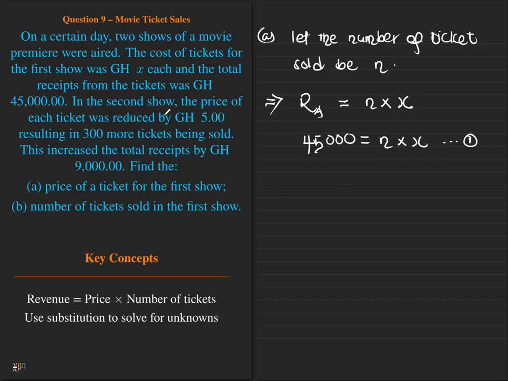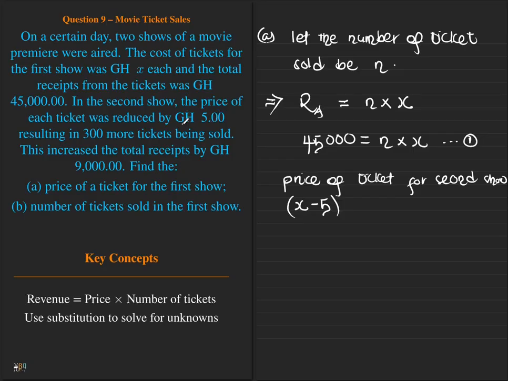Now it says in the second show, the price of each ticket was reduced by 5 cedis. So it simply means that the price of a ticket for the second show, since there is a reduction, is going to be x minus 5.